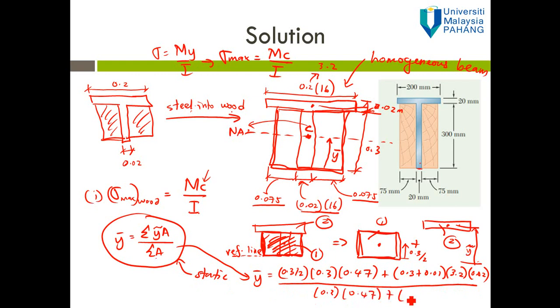plus 0.02 times 3.2. So solving this equation using a calculator, you get Y bar equal to 0.2 meter.